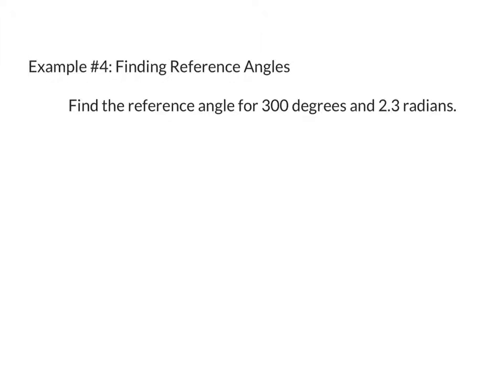Okay, so for example 4, finding the reference angle. We need to find the reference angle for 300 degrees and then the reference angle for 2.3. As a reminder, if this is 180 degrees and this is 270, 300 is in this quadrant here.